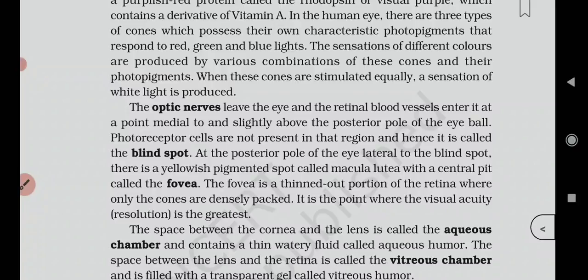One thing you need to remember is the light rays of visible wavelength only can be focused on the eye.